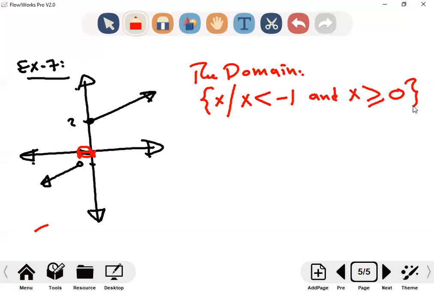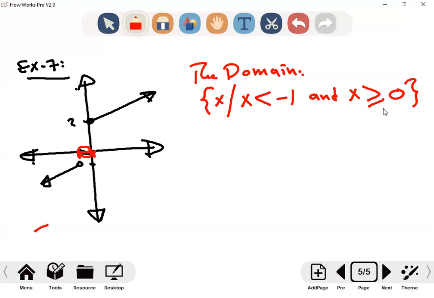Notice that this is the -1, guys. Below the -1 I have what here? An open circle. That's why I didn't put equal here, right? But at the 0, up, the value of the 0 is 2, and it is a closed circle.